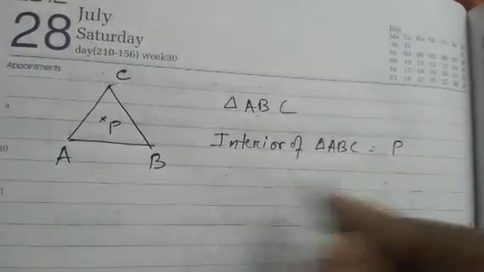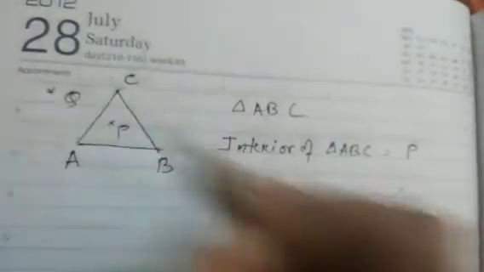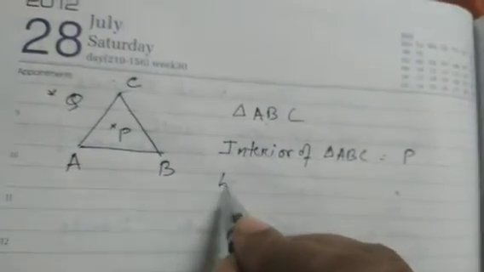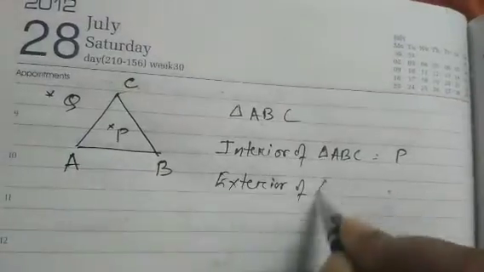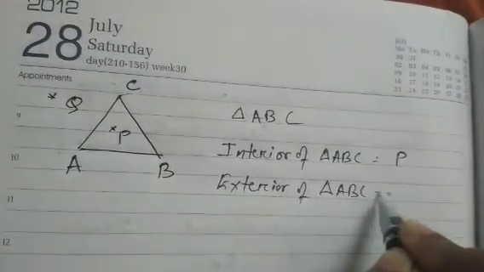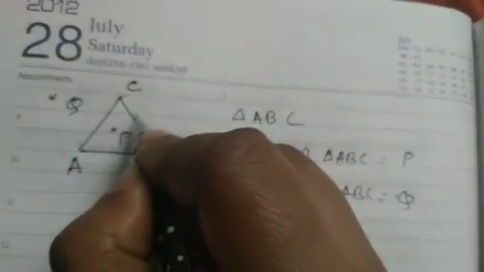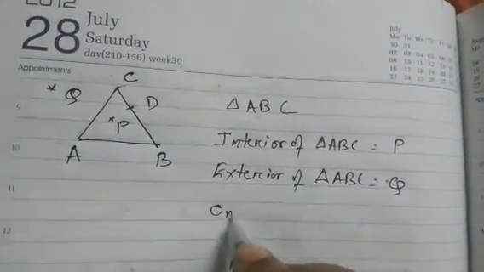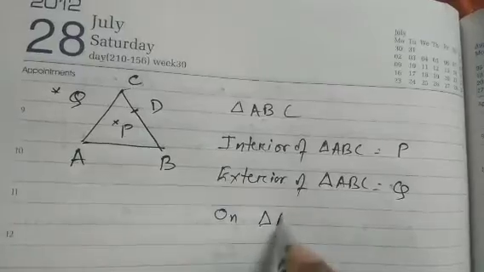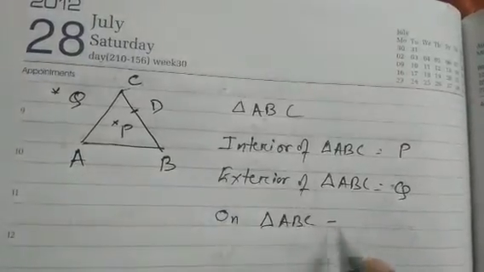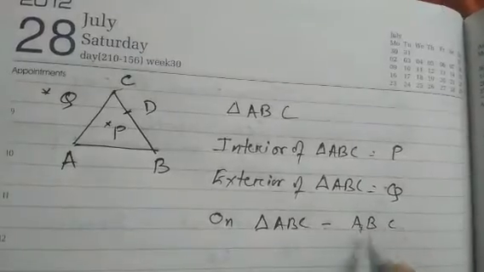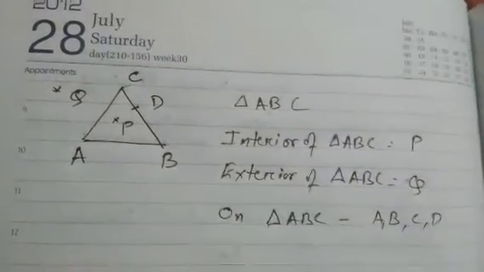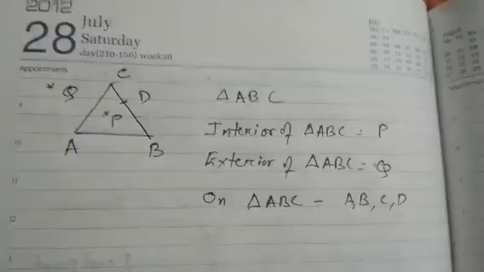If I have a point outside triangle ABC, it is in the exterior of triangle ABC. If I have a point D which is on triangle ABC, the points on it are A, B, C and D. Always separate them with a comma.